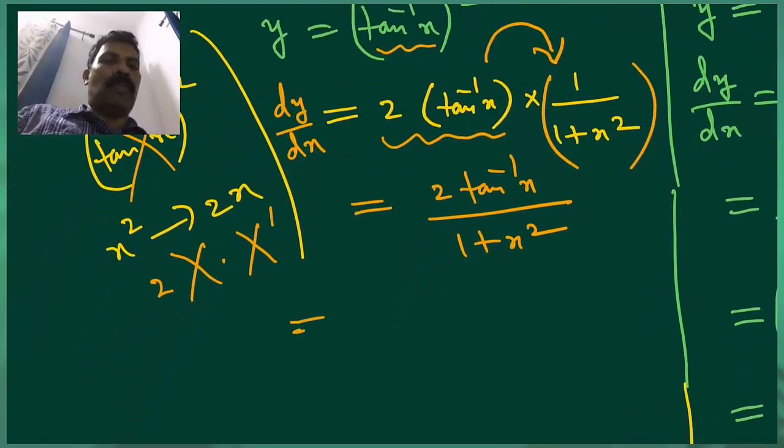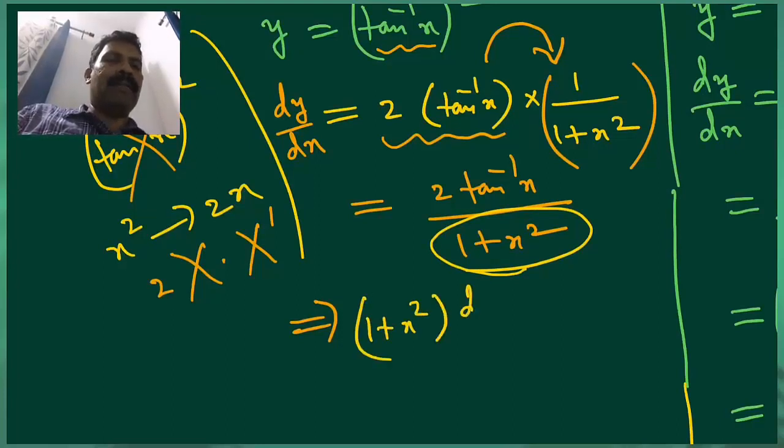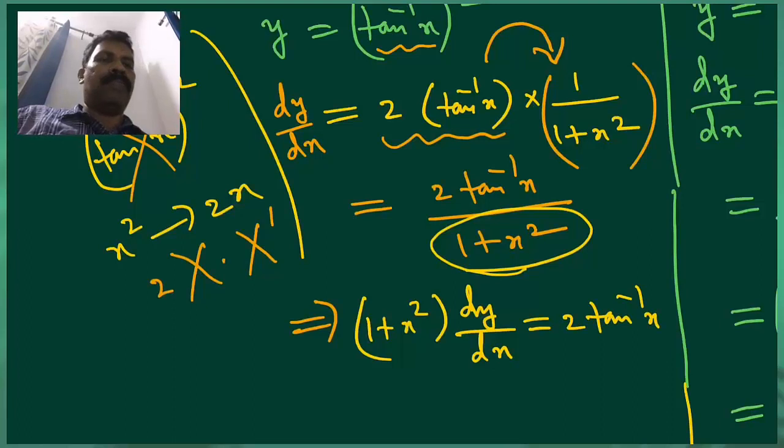Okay, so which implies you can transfer this denominator to the left hand side. So you have 1 plus x square, then dy by dx equals 2 tan inverse x.